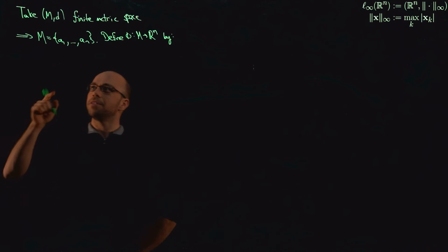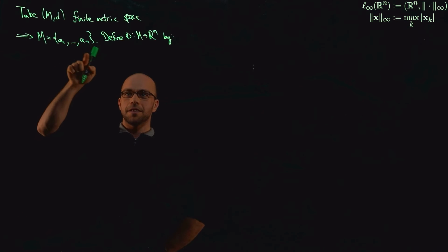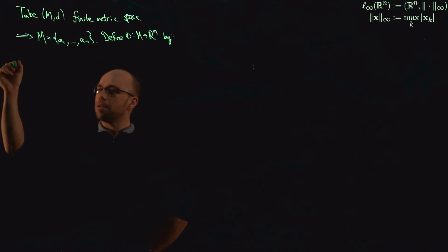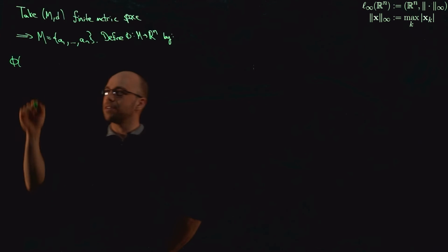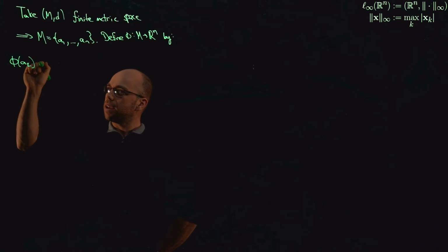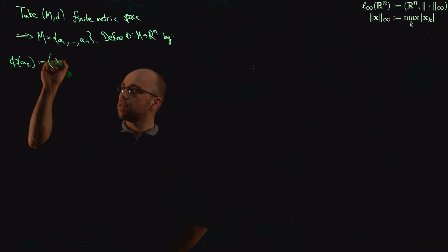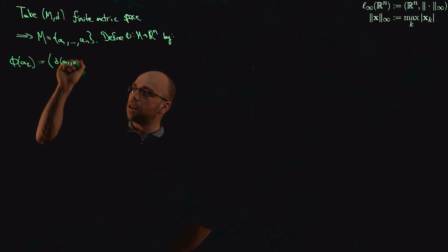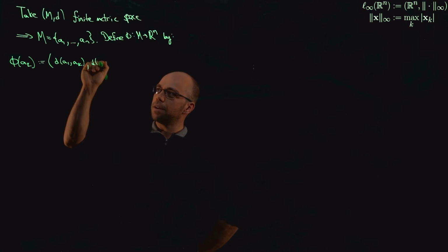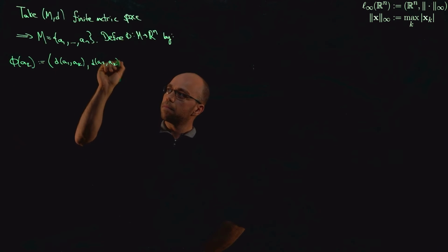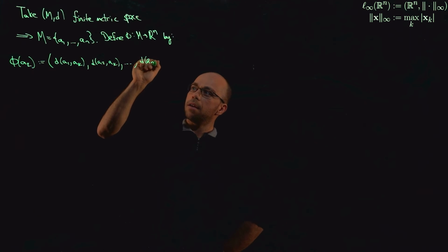When we define a map on a finite space, we just have to say what it does to each element of M. So in particular, we'll write that phi of a_k is just going to be a tuple of the distance from a1 to a_k, the distance from a2 to a_k, dot, dot, dot, the distance from an to a_k.